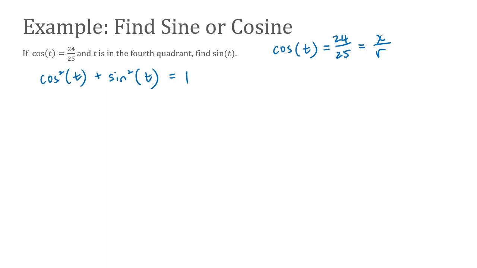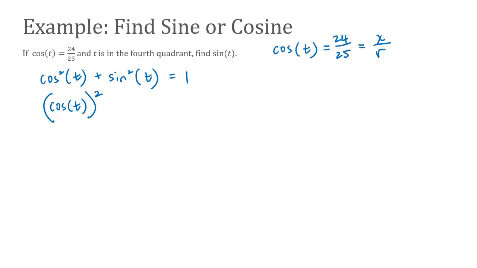Now, what cosine squared of t says is that I'm going to take whatever the cosine of t is, which has been given to me, and I'm going to square that value. The reason I tell you that is because a lot of people make the mistake of substituting in 24 over 25 for t.